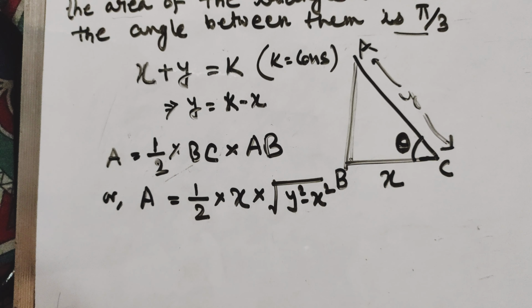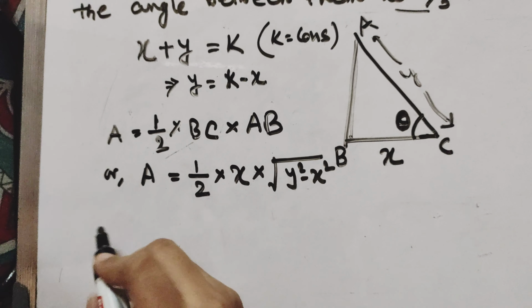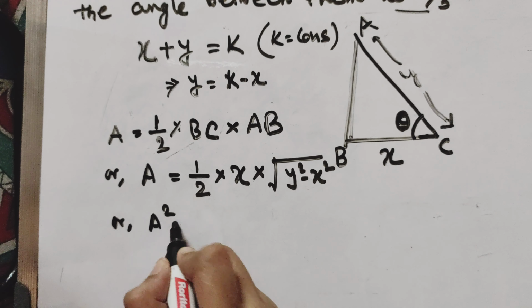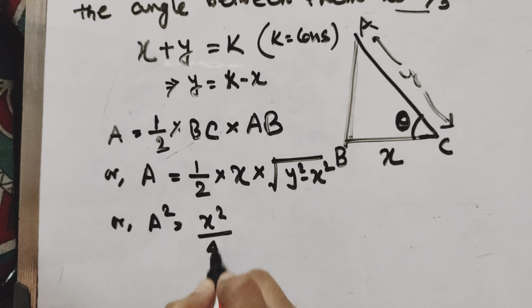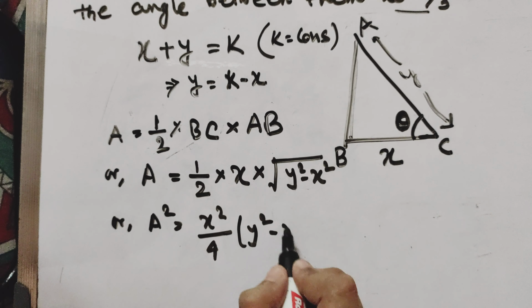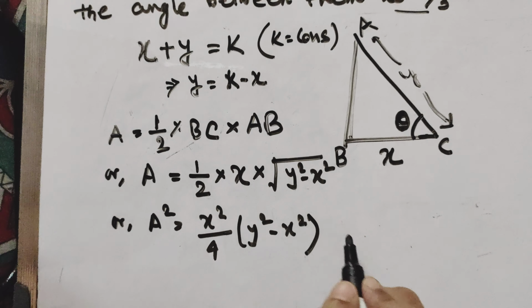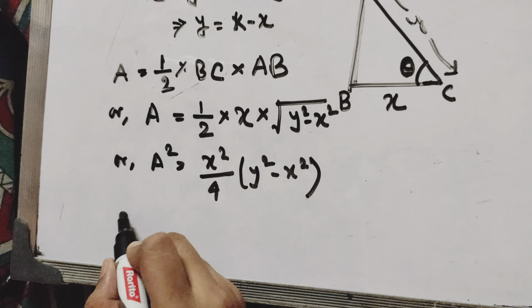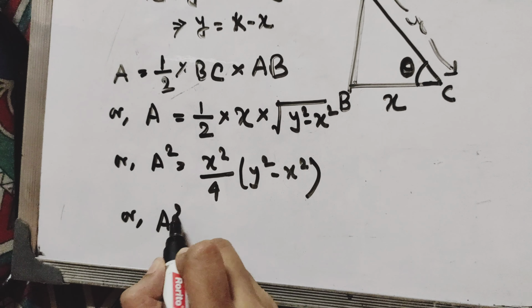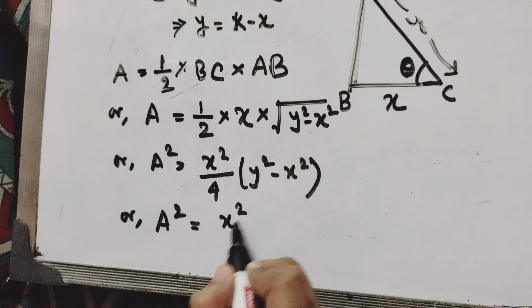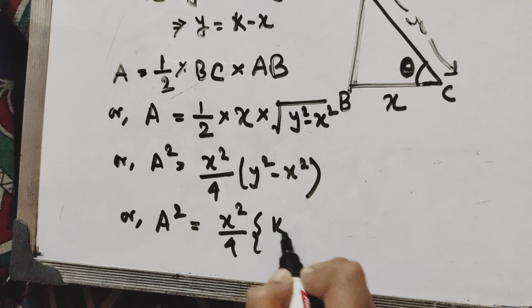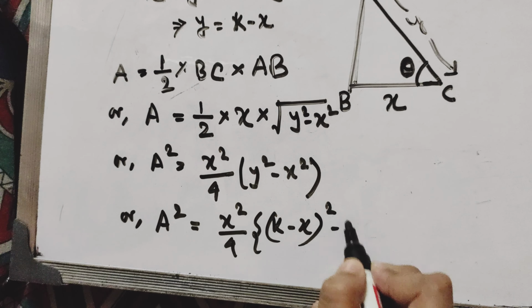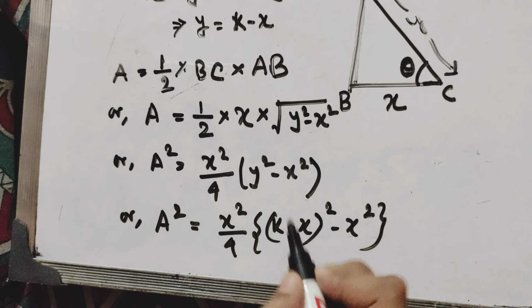Now if we square both sides, then A square equals x square by 4 into y square minus x square, right? And what is y square? A square equals x square by 4 into (k minus x) whole square minus x square, because y equals k minus x.